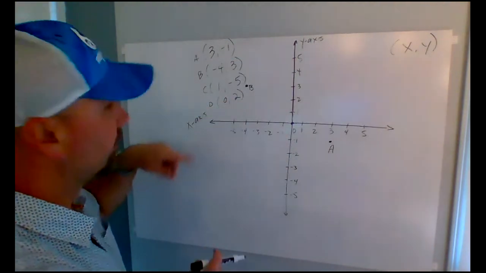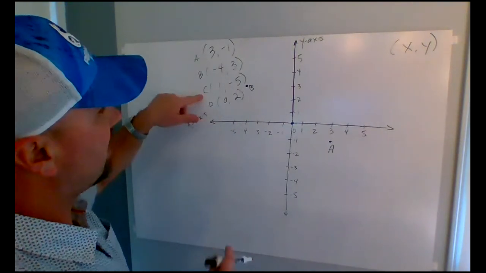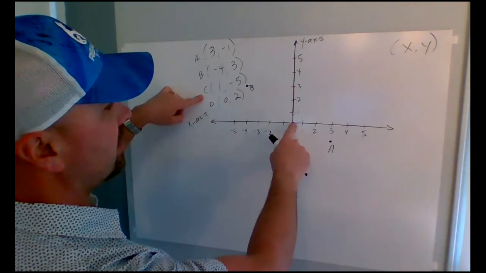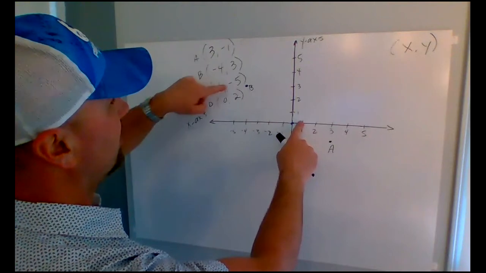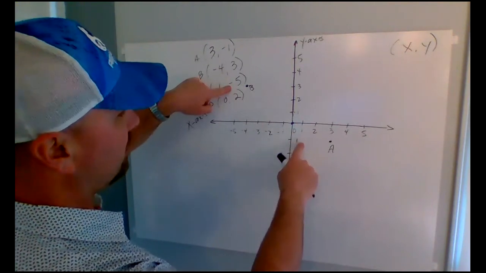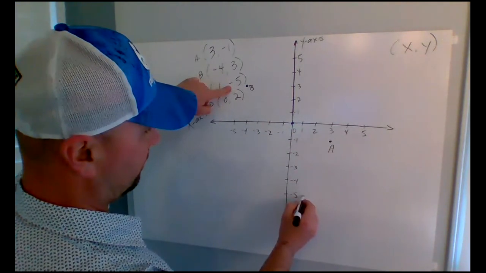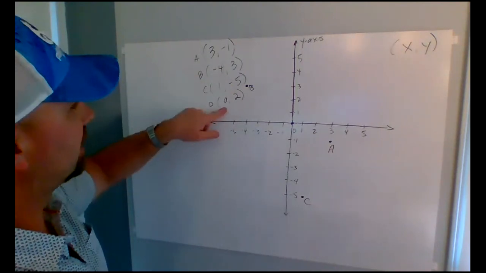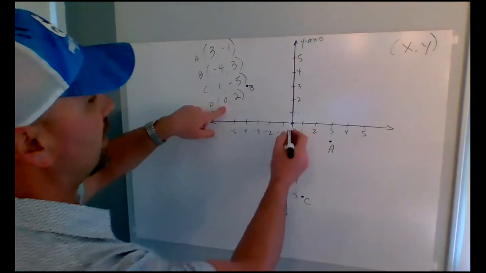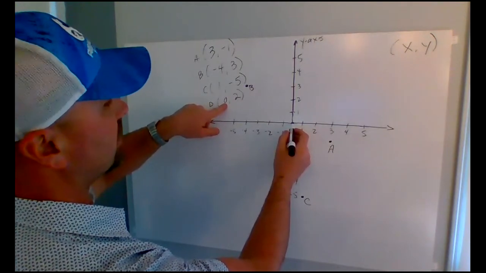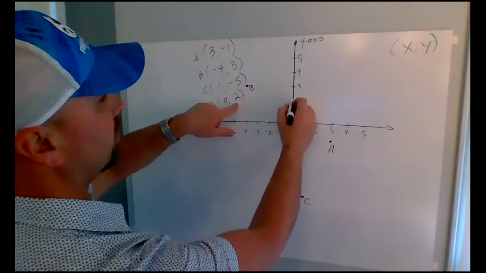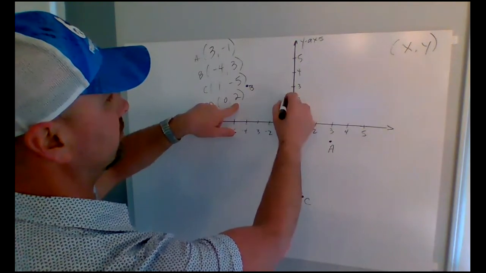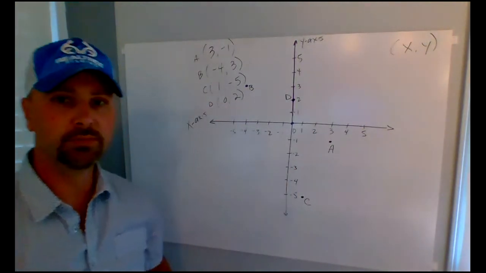Okay, spot B. 1, -5 is C. Start at the center, I move over 1. Now I'm going down 5. That would be C. And finally, 0, 2. Start in the middle, I go 0, which I'm already there, up 2.